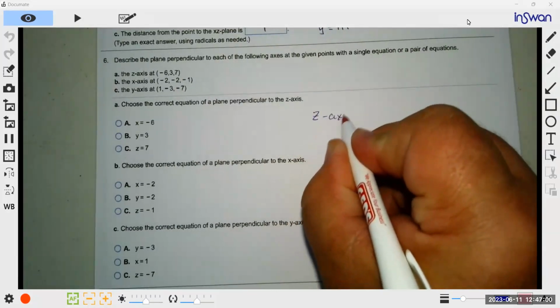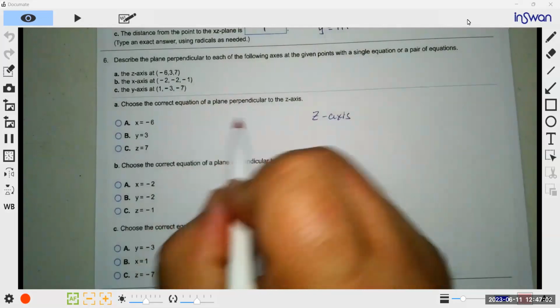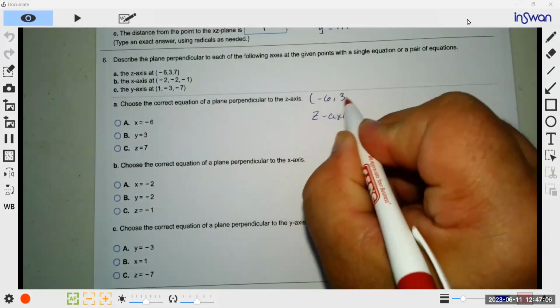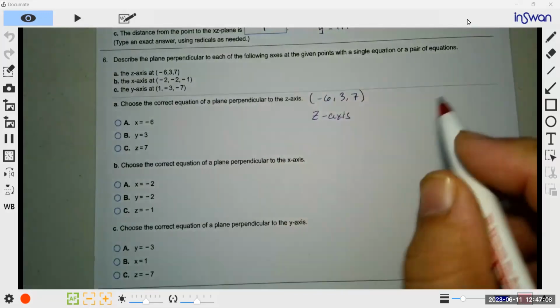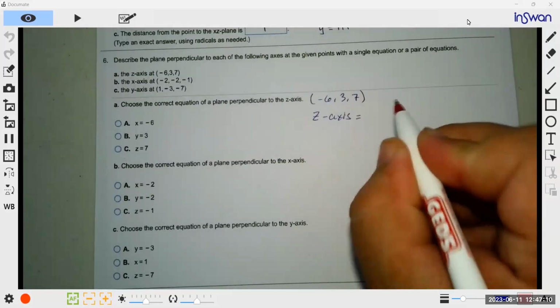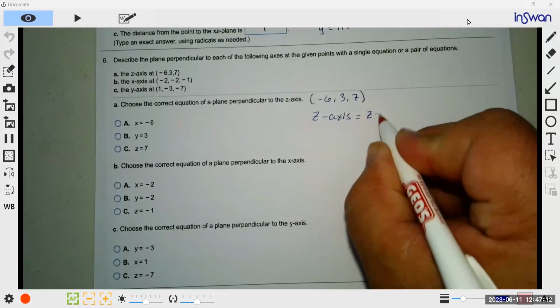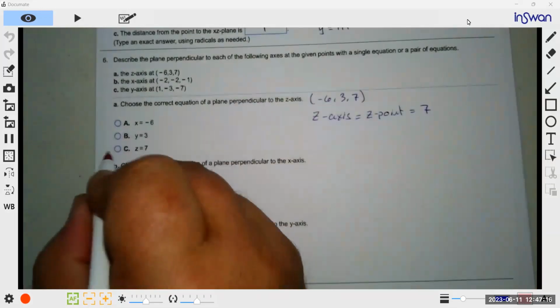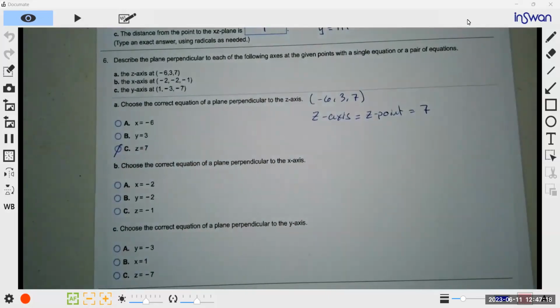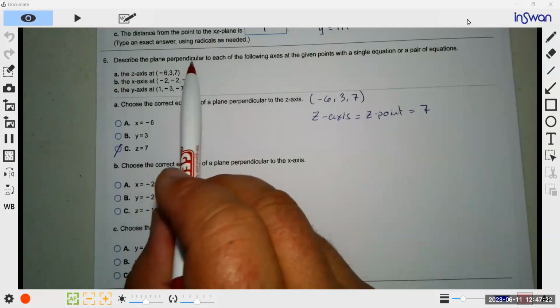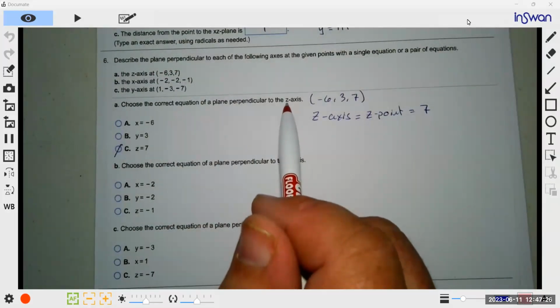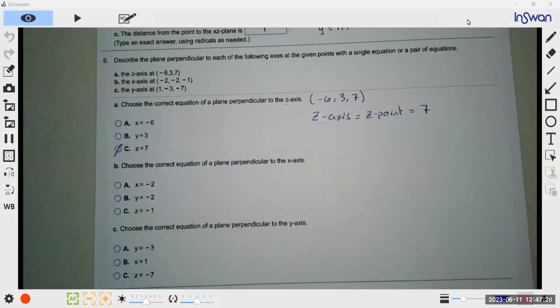The point is negative 6, 3, 7, and the z value is 7. We're describing the plane perpendicular to each of these. So if it's going through this, perpendicular to the z-axis, it's z equals 7.